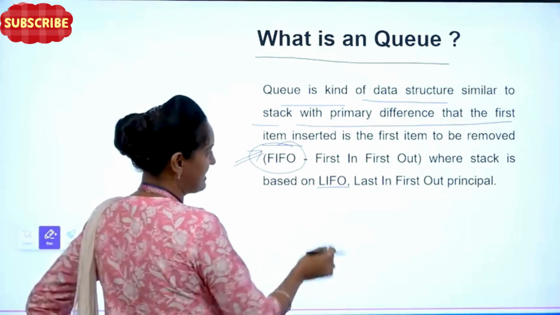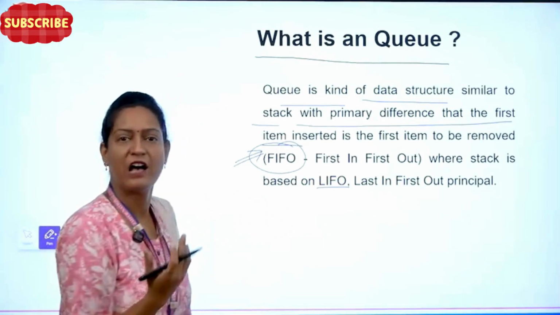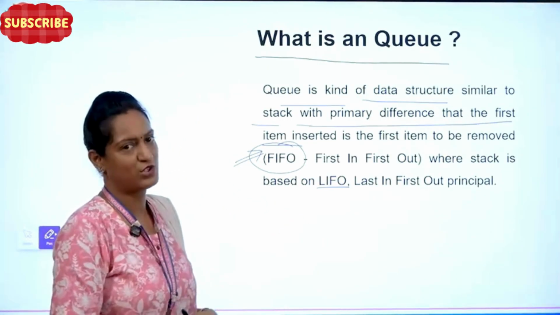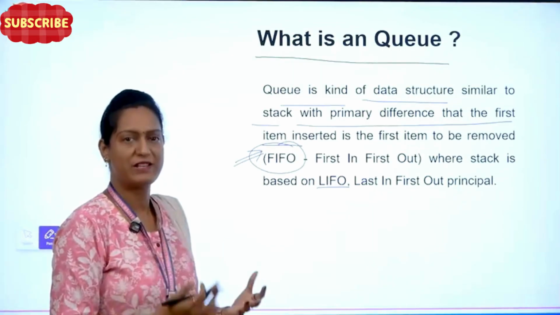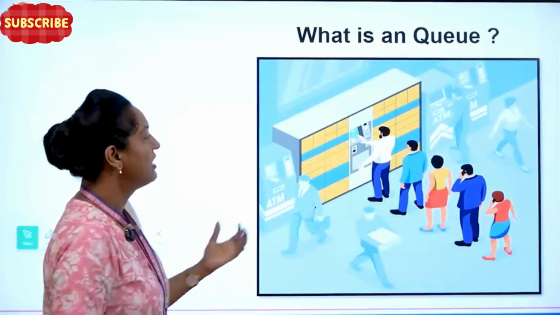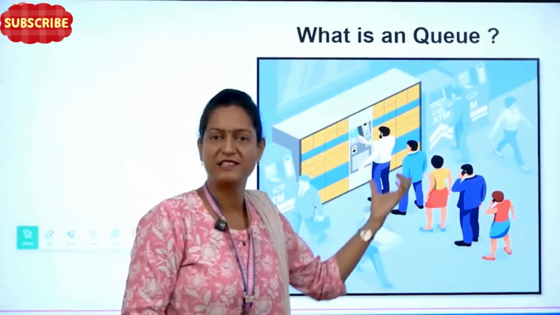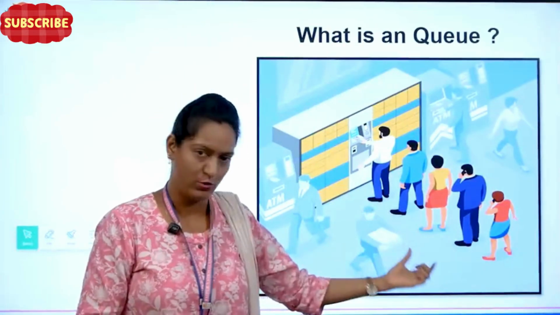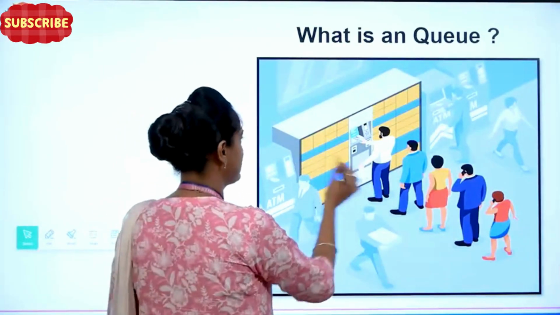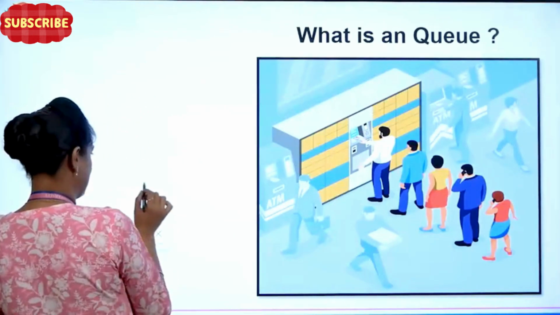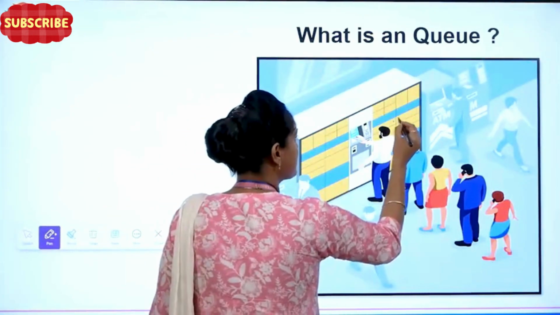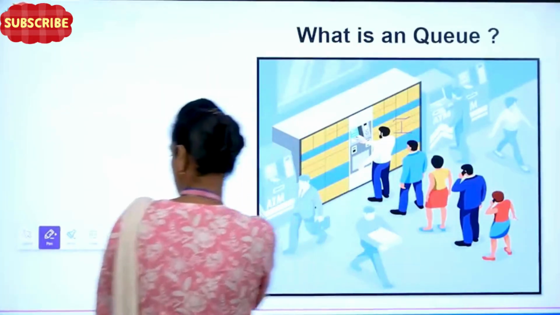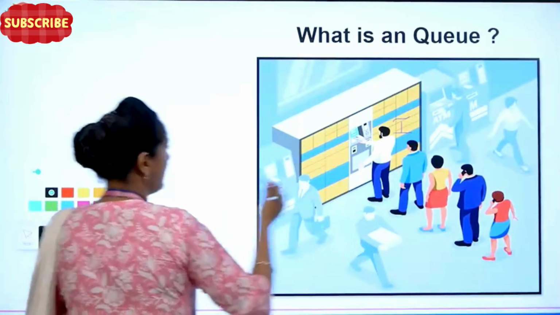For your understanding, I will show a diagram so that you can understand more properly. In this diagram you can see a queue where the first person is using an ATM.